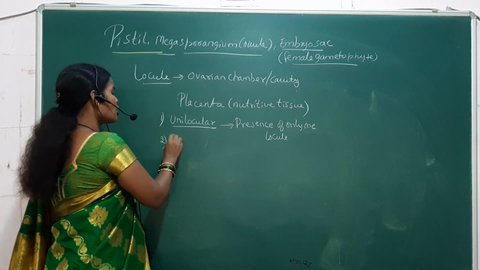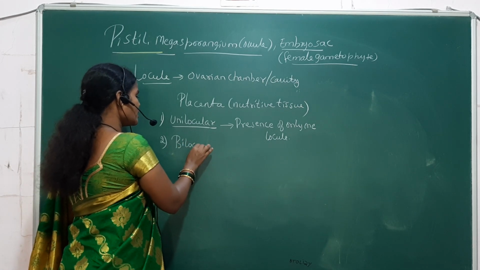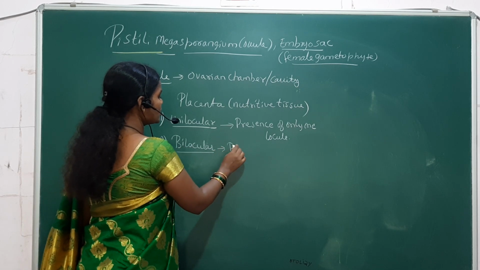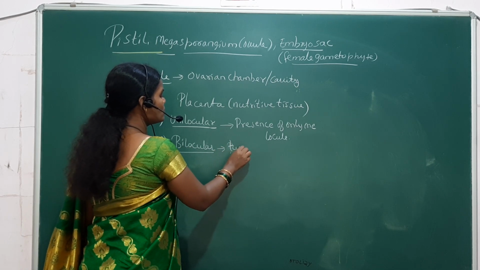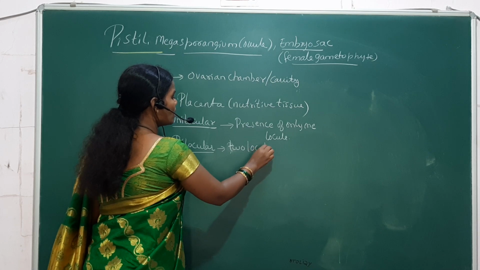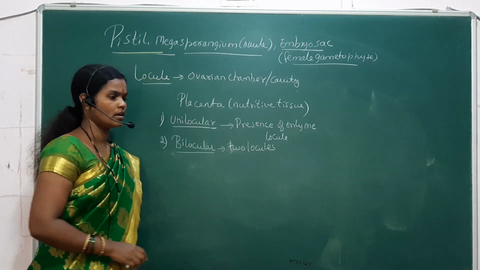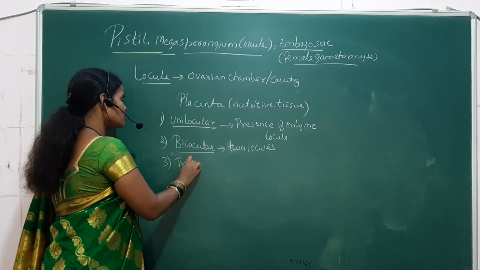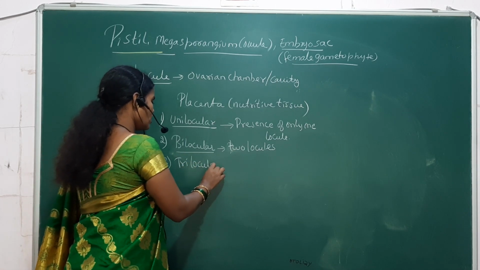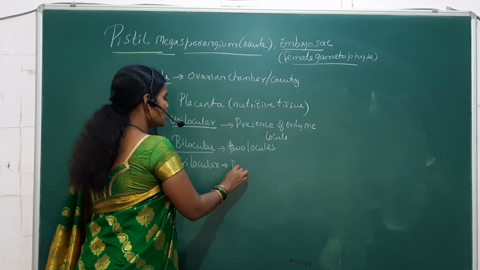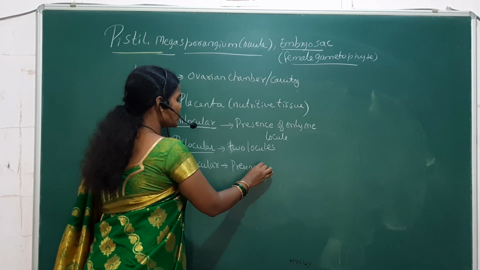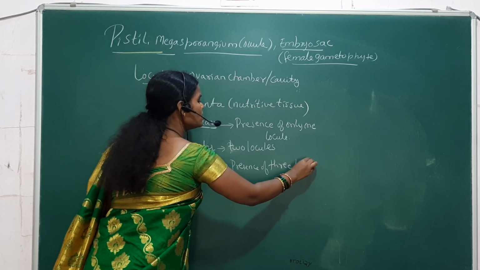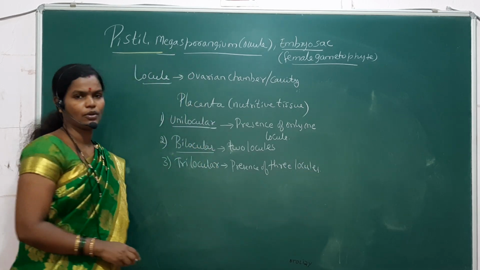Then next is bilocular, that is presence of two locules. Then trilocular: presence of three chambers, or presence of three locules, is called trilocular.